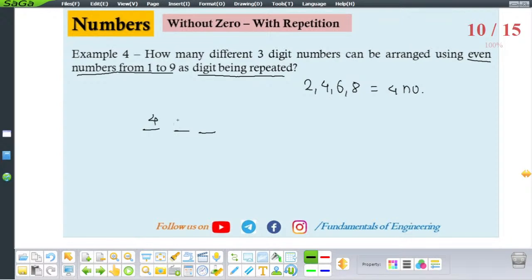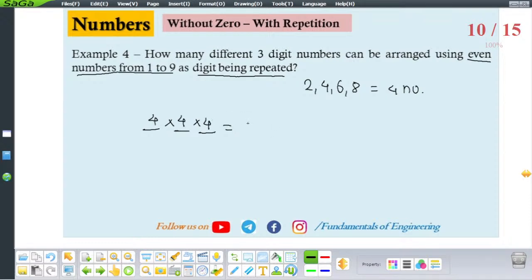All 4 numbers will come at the second position as possible choices. All 4 numbers will come at the third position. So for the first digit, all possible choices can be placed here. For the second digit all 4 can come, and for the third digit all 4 can come. So 4 into 4 into 4.